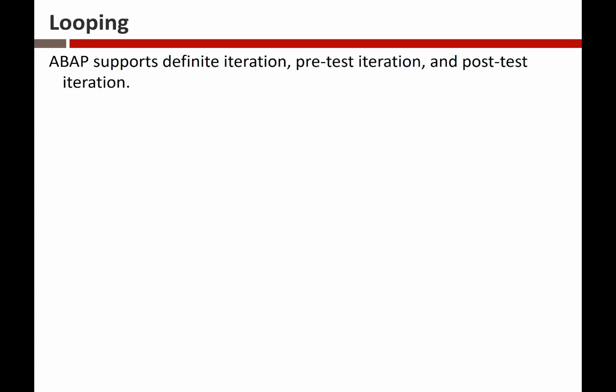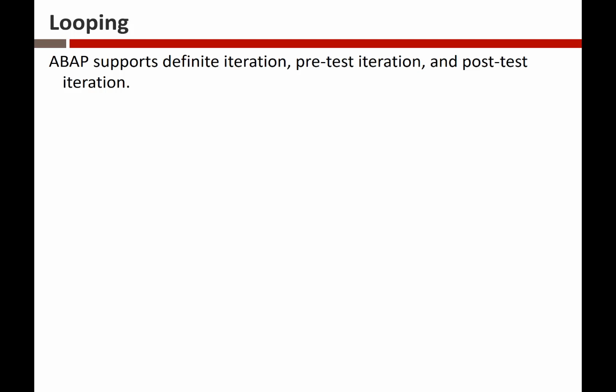The idea behind definite iteration is we're going to loop, and before we even start looping, we know exactly how many times we're going to go around. We know we're going around 100 times. We know we're going around 15 times. We know that before we start looping at all. That's called definite iteration.